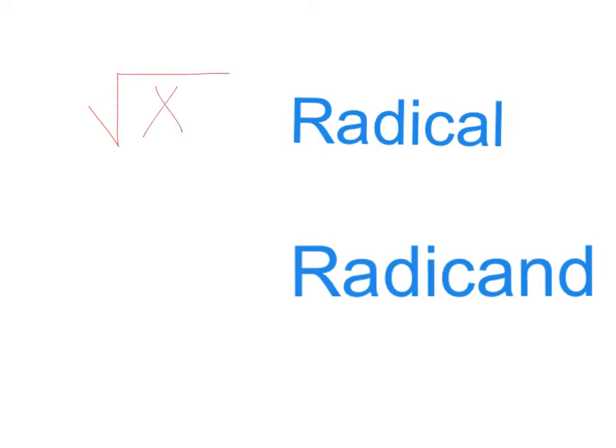It looks like a division sign, but it has this little extra lip to it. That's called a radical sign. So instead of saying the square root of 9, I could say radical 9. The radicand is the number inside the radical sign. So in this case, the radicand is the number 9.